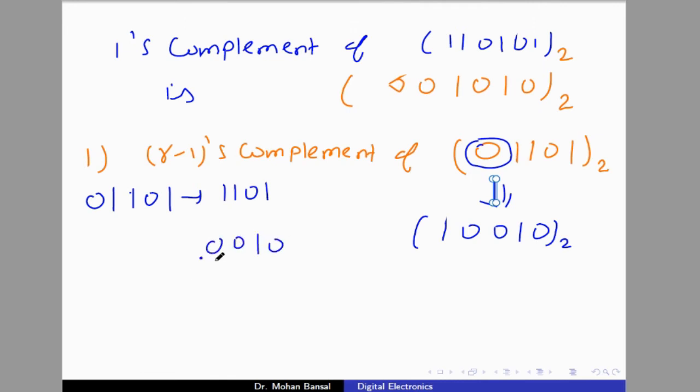If you remove the leading zeros, you will get only 10. So there is some significance of 0 in the MSB here. You can't ignore it. And the complement of the complement is always the original number. If you take the complement of the ones complement, you will get back the original number.